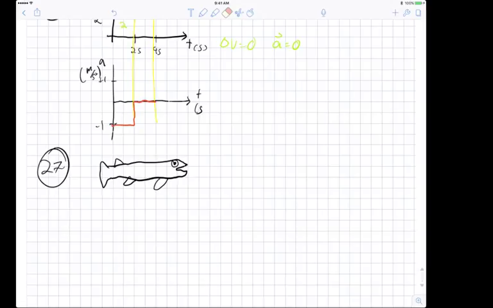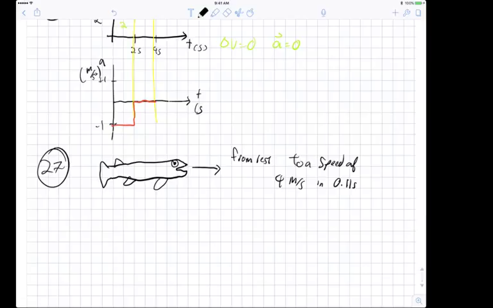Okay, so it says it can accelerate from rest to a speed of 4 meters per second in 0.11 seconds. All right, let's draw this as a motion diagram.